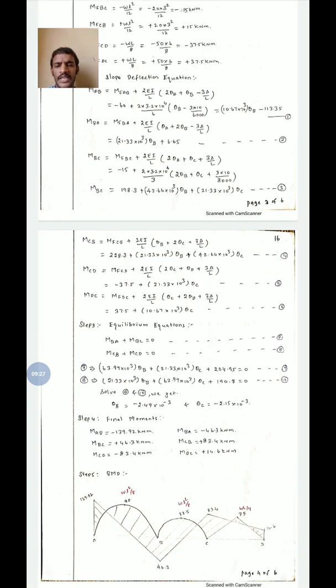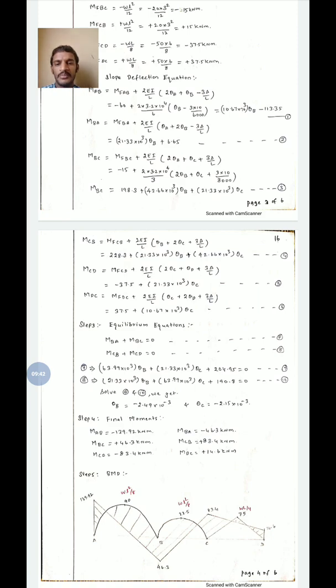Theta B is minus 2.49 into 10 power minus 3 and theta C is minus 2.15 into 10 power minus 3. Substituting these two values in the 6 slope deflection equations, we will get the final moments.